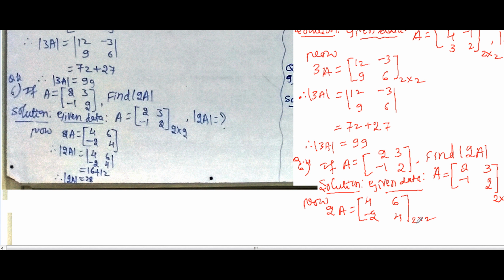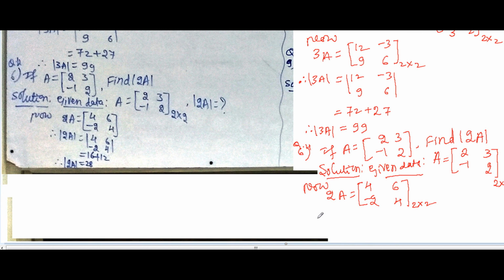Even if you mention it, it does not matter. Even if you do not mention it, there is no problem at all. So first and foremost, therefore the determinant of 2A is equal to the determinant of 4 6, next minus 2 4.